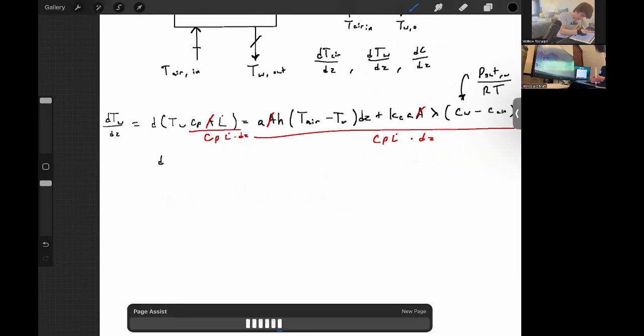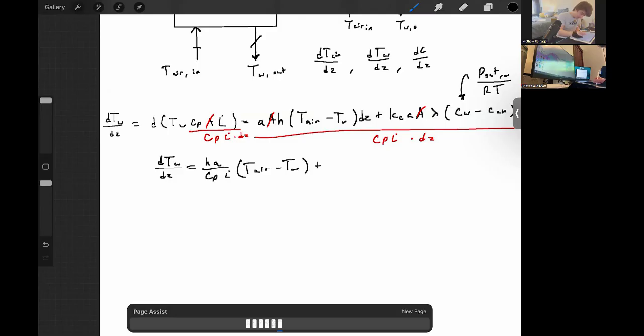This is going to be change of T water over change of Z set equal to heat transfer coefficient multiplied by packing over capacity liquid flow rate multiplied by temperature of the air minus the temperature of the water.